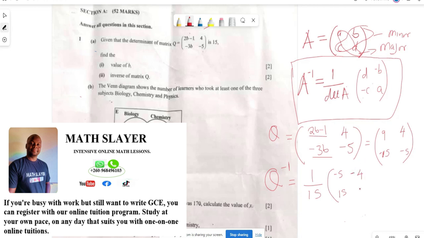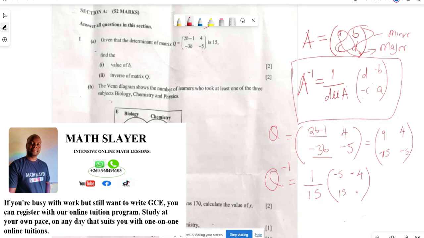Then under negative 4 we'll have our c. Which one is our c? I think I'm swapping the numbers. Just a minute. Okay. It's supposed to be C. Remember what I said, with the major diagonal you are just exchanging the elements.